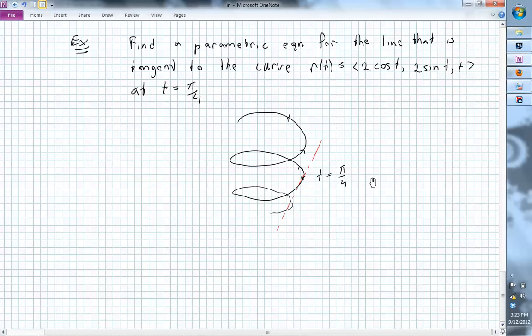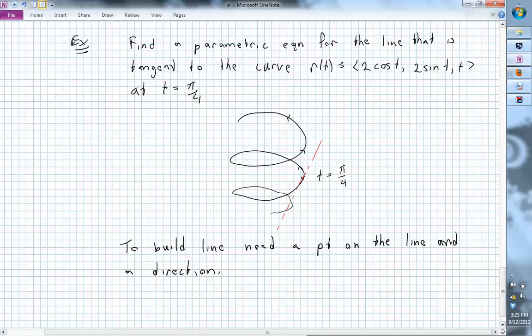What do you need to build the equation of a line in Calc 3? Nick? We need a point and a direction. So to build a line, a point on the line and a direction.